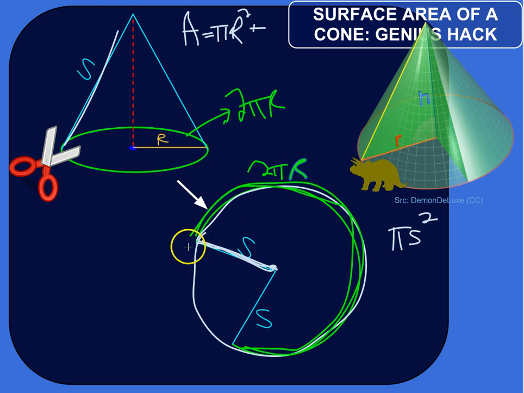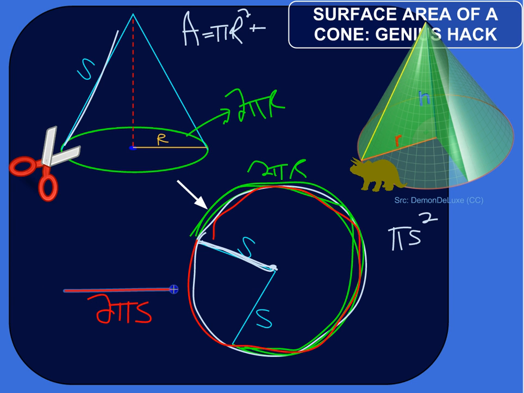But what would the circumference of the whole circle here be? Let's make that red. Well, here the radius is s. So 2 pi times the radius would be 2 pi s. So that's the whole kit and caboodle.